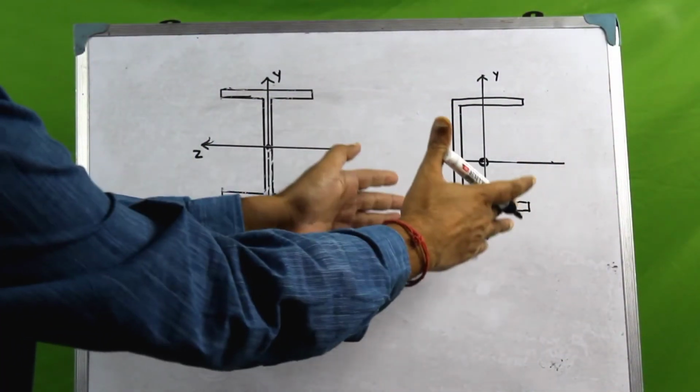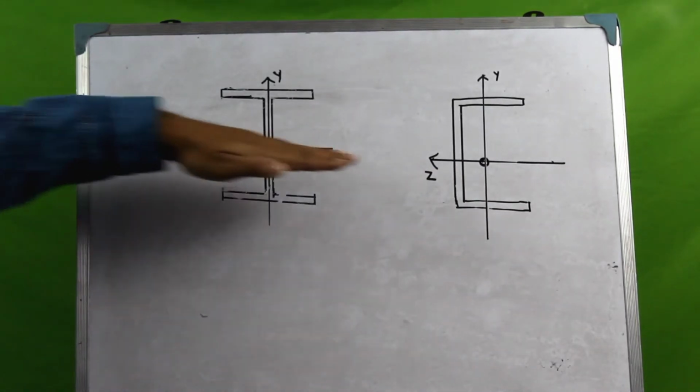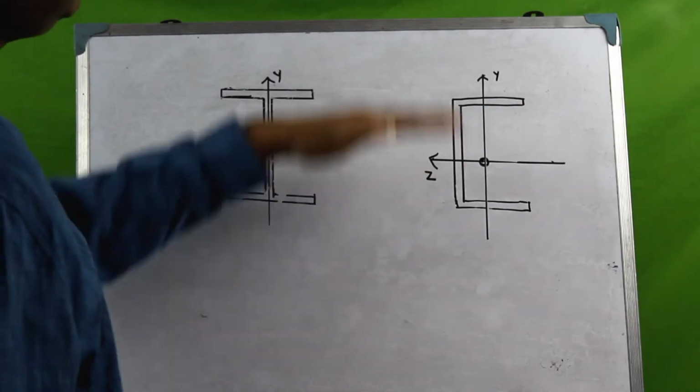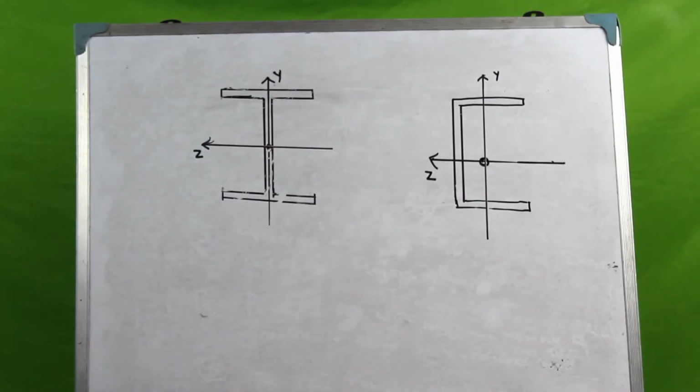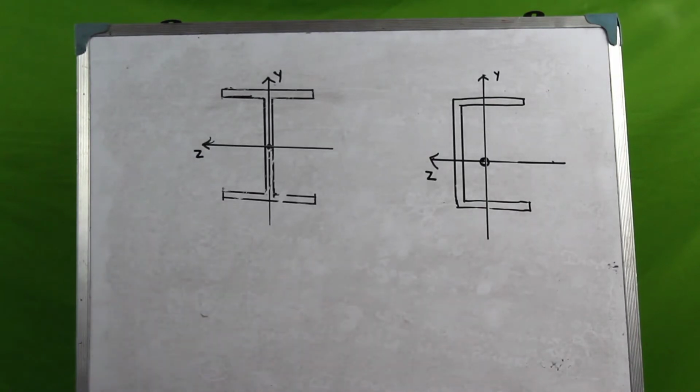So this is a channel section, okay, this one. And let the Z axis be the axis of symmetry of the channel section. An axis of symmetry would mean that it divides the section into two similar halves. Now, remember that in one of our last sessions, we said that the product of inertia would disappear about the axis of symmetry.